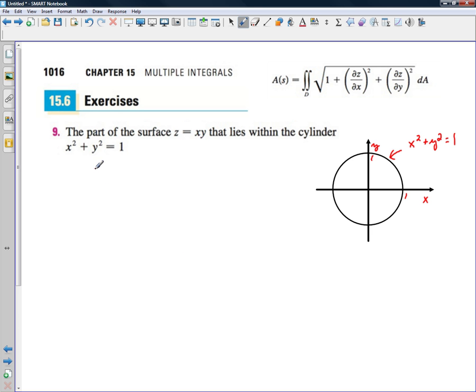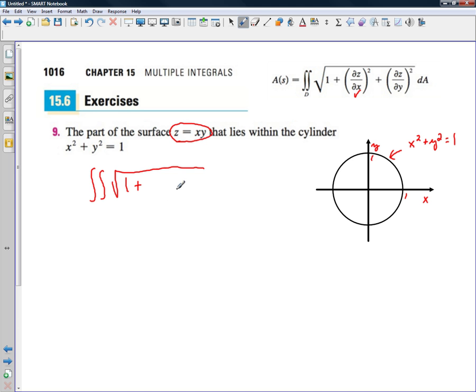And if we're going to set up an integral, we need to take the square root of 1 plus, and we're taking the partial with respect to x. We're taking this derivative with respect to x here, right?